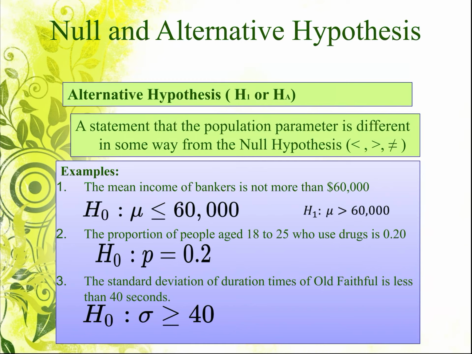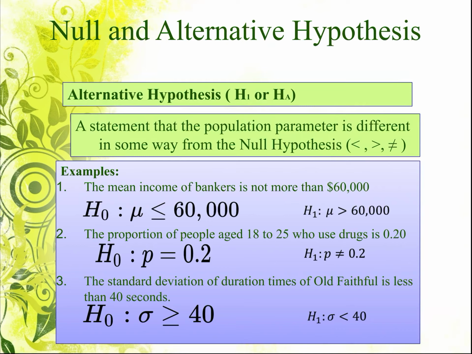In the second example, if the null hypothesis is that the proportion is equal to 0.2, the opposite of that would be it's not equal to 0.2. And in the final one, the standard deviation is greater than or equal to 40 is the null hypothesis because it contains an equality. Then the alternative hypothesis would be that the standard deviation is less than 40.